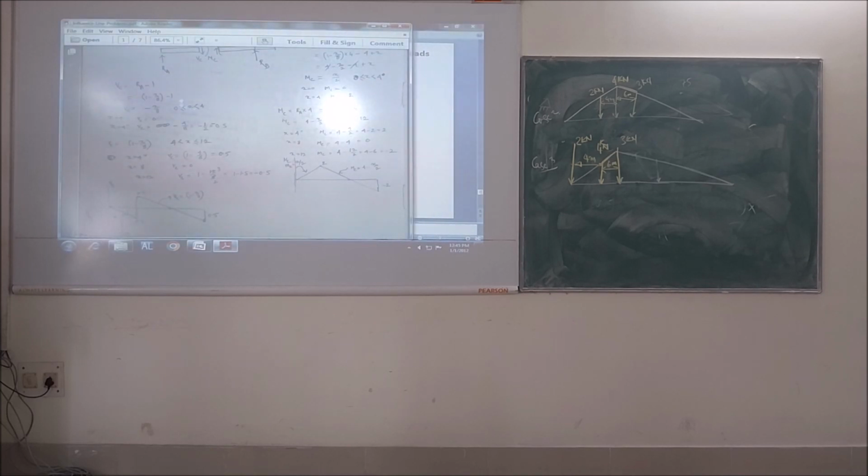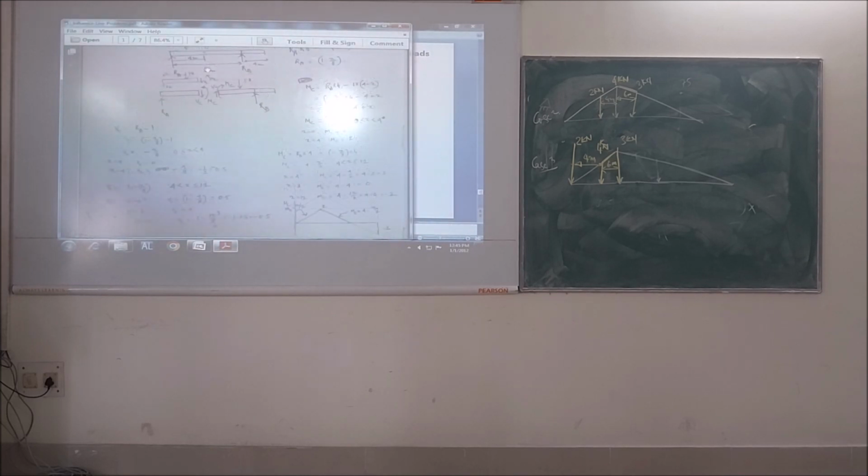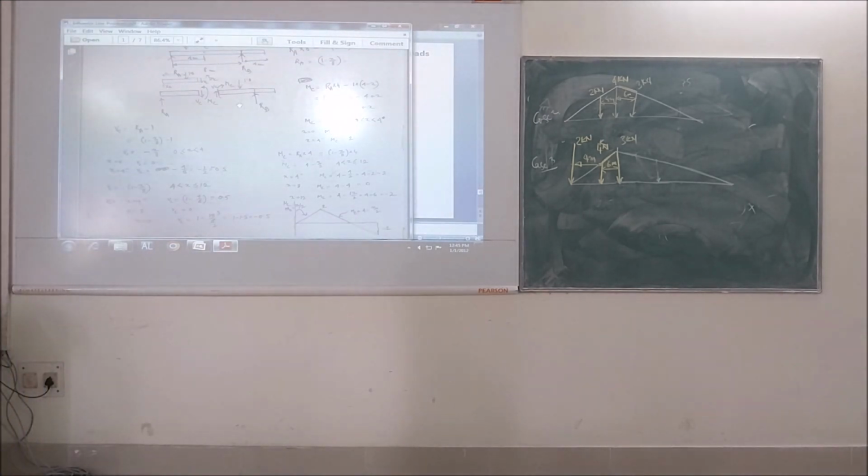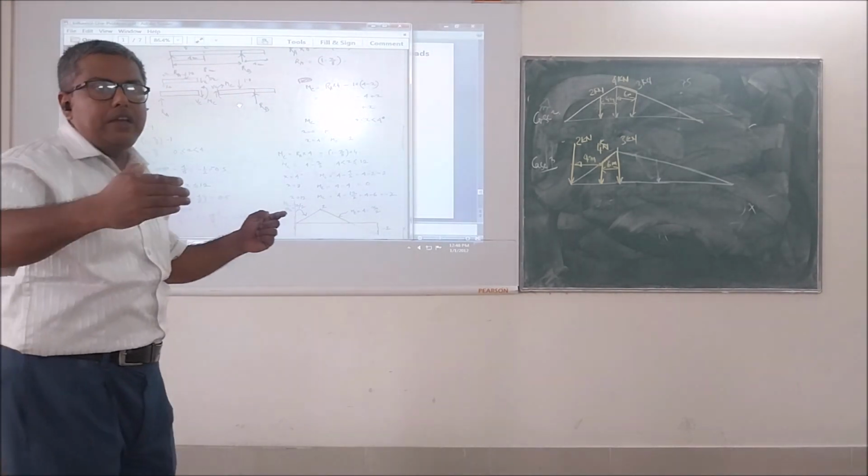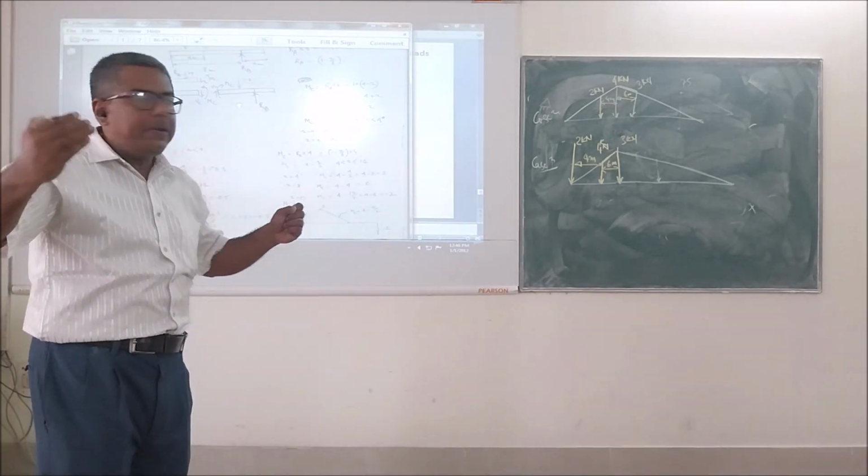Now for the next condition, if I take any section over here, I will change the position and take a section crossing the point C, just like we have done for the bending moment in a typical simply supported beam. Okay? So if I change the position, then what will happen?